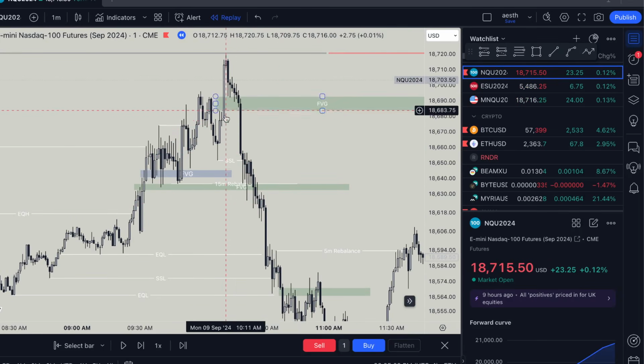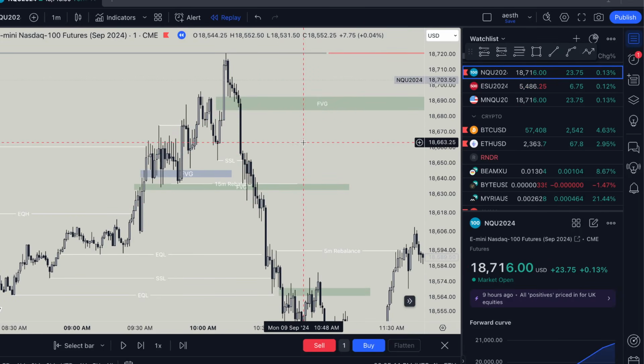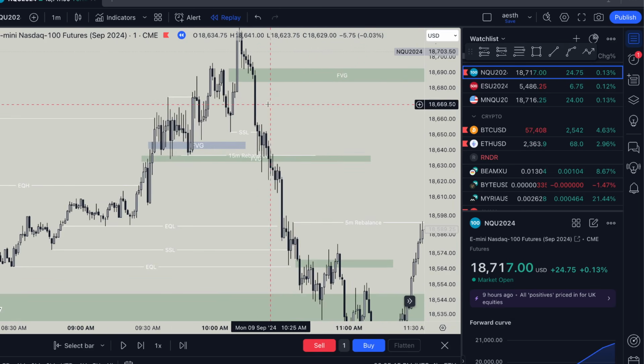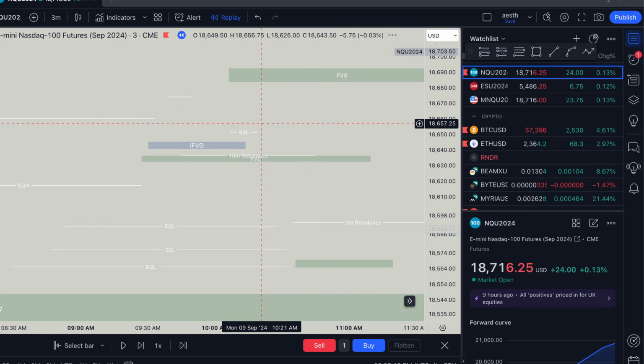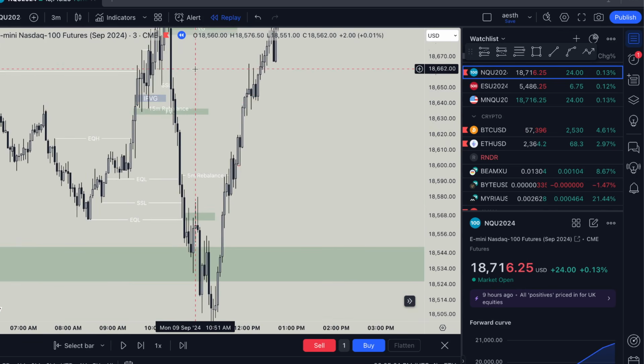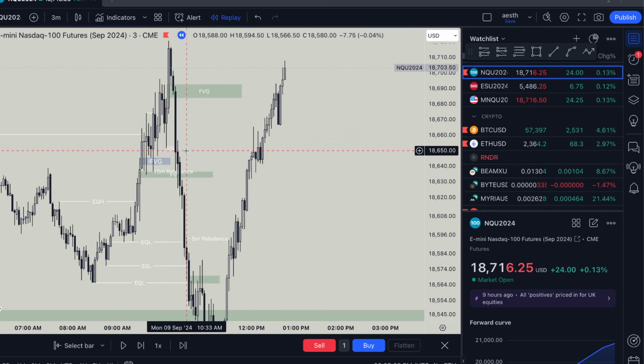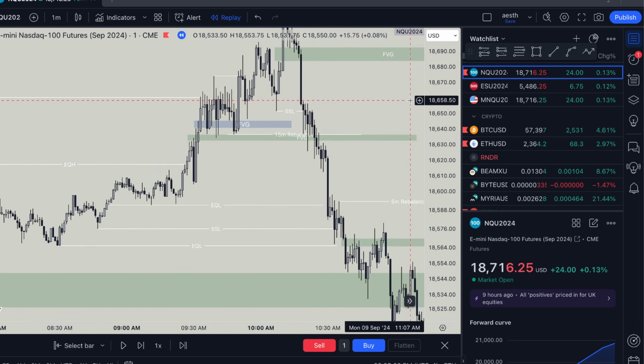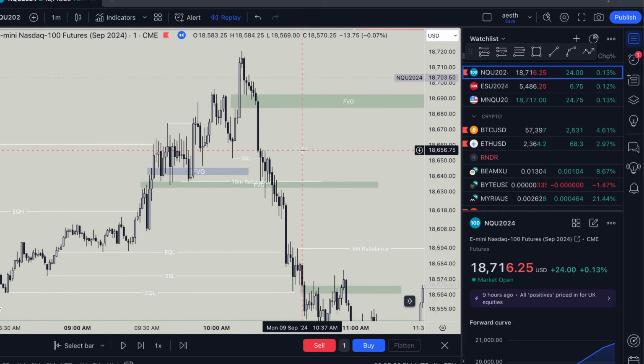And you've got to be patient, guys. We didn't get the opportunity to short this because the 3 minute ended up ripping past this bullish volume gap and we couldn't get a clean entry. But these habits are going to save you a lot of money in the long run, rather than being super impatient and taking the first setup you see, gambling that something like ES is not going to meet its draw.